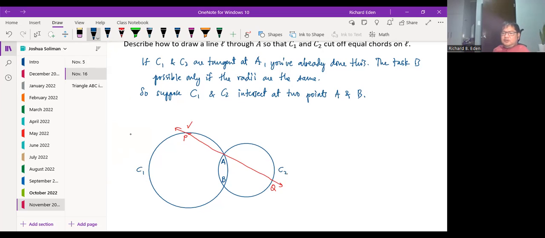If you apply the half turn on C2 with respect to A, that converts circle C2 to another congruent circle.